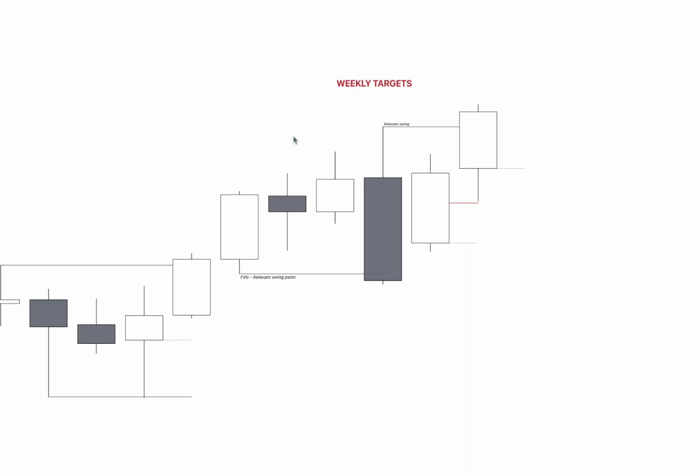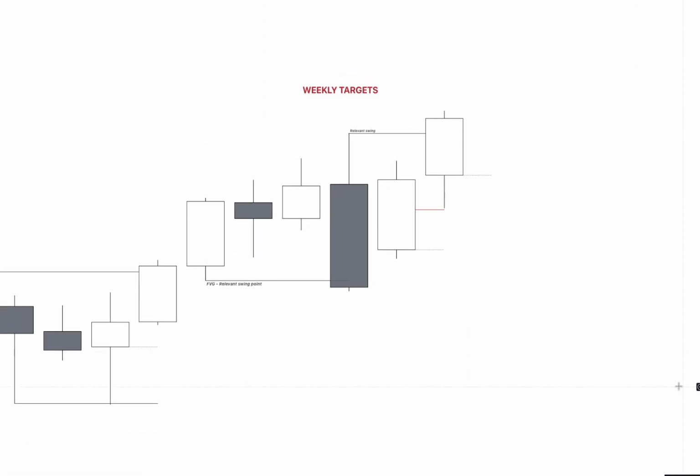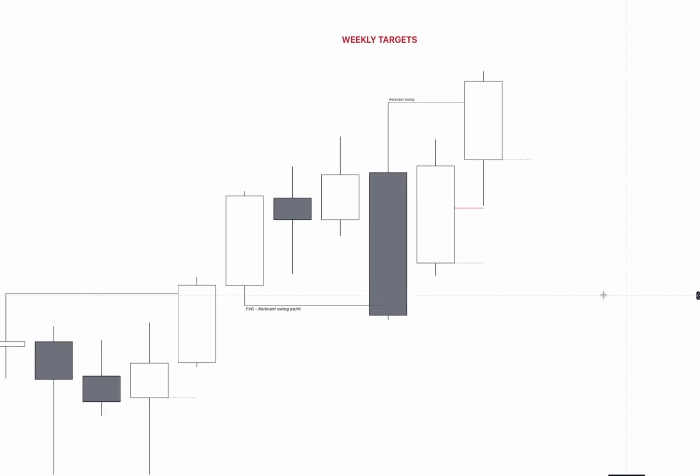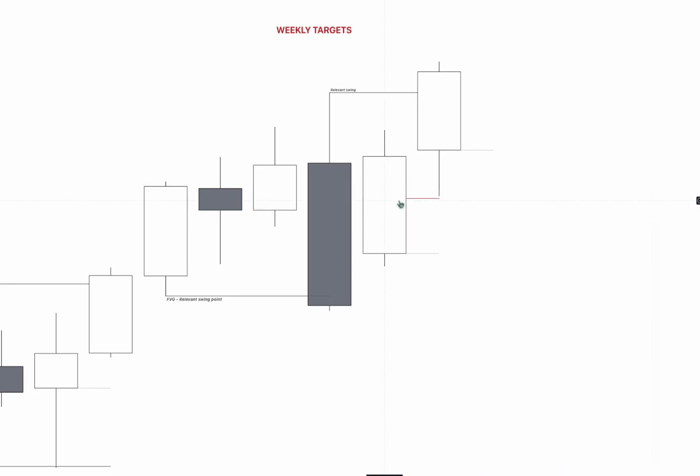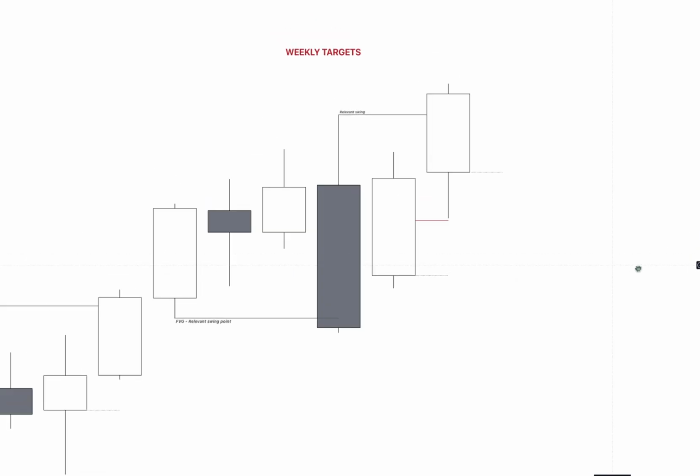So here I have the simple one. I have the weekly profile, weekly targets. And when we're looking for weekly targets, we want to see levels that are not traded into yet, right?